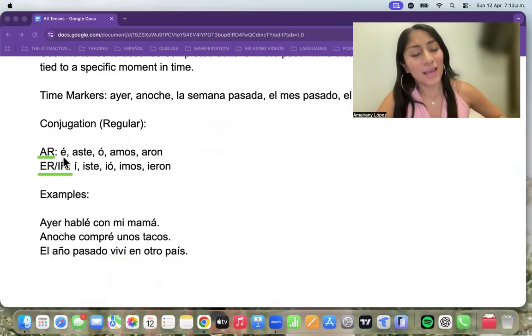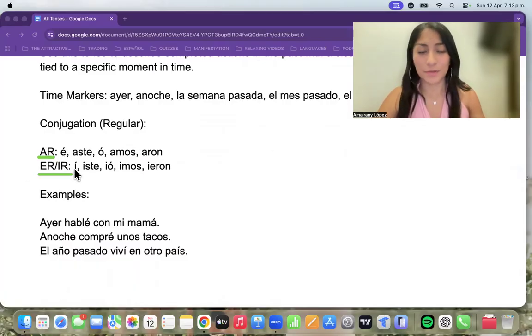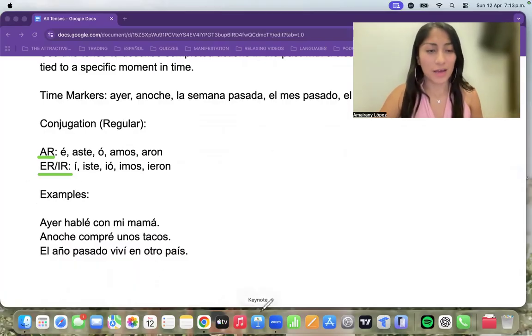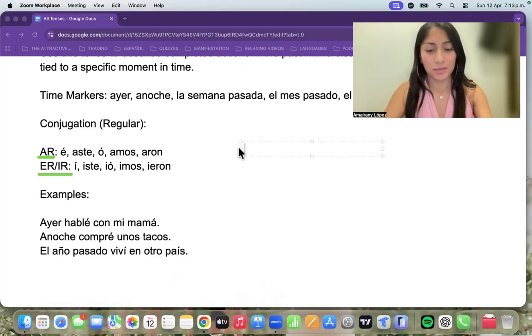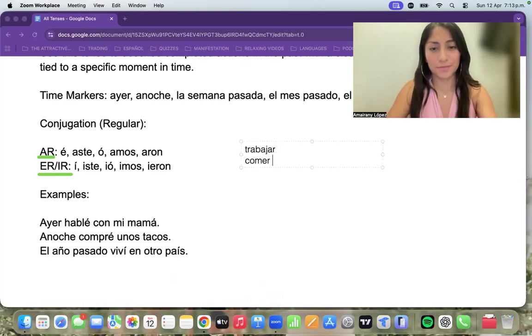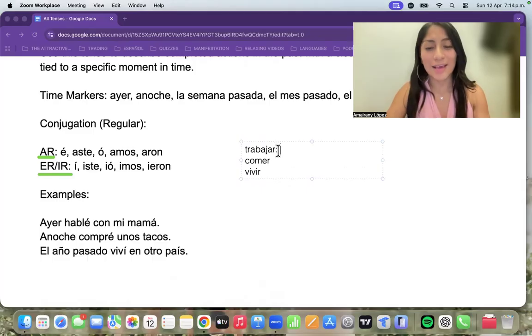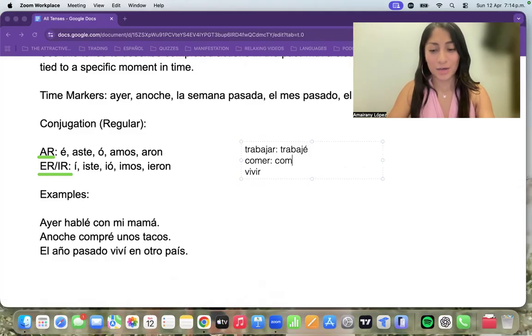Okay, so we've got for I, did an action in the past, yo. So again, if we have comer and trabajar, that means that I would change my AR ending to é. So, trabajé. Okay? Comer would be comí, and vivir would be viví. Okay?